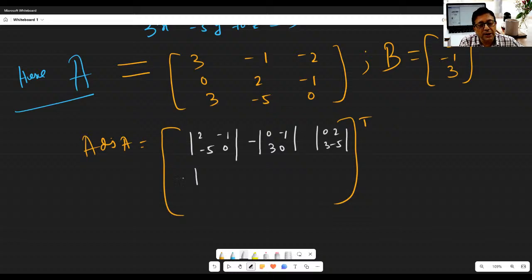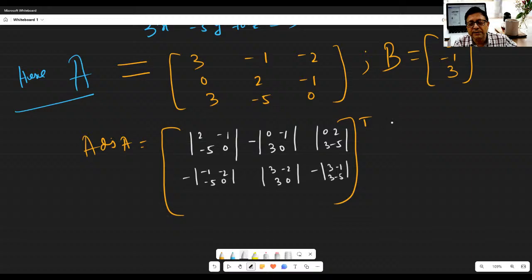Now for this one minus, 1, minus 2, minus 5, 0, and then plus, 3, minus 2, 3, 0, and for this one minus of what? This is 3, minus 1, 3, minus 5, and for this, minus 1, minus 2, 1, minus 1, and for this one again negative.